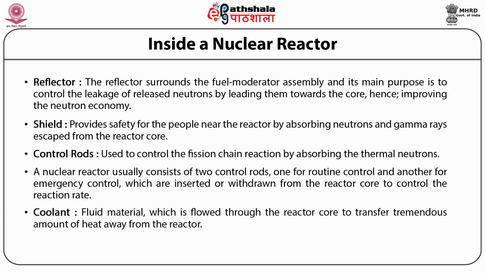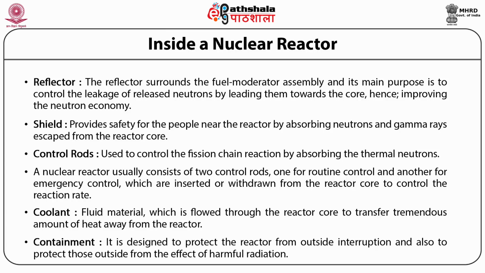Next is coolant. It is the fluid material which flows through the reactor core to transfer a tremendous amount of heat away from the reactor. The usual coolants are heavy water, carbon dioxide, liquid metals, etc. Finally, the containment, which is nothing but a dome-shaped structure made of meter-thick concrete and steel around the reactor.